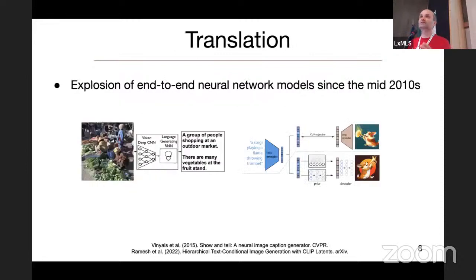In terms of translation, there has been an explosion of work on end-to-end neural networks since the mid-2010s. Very shortly after the paper on sequence-to-sequence learning, there was a paper showing how to generate sentences from ConvNet representations of images.